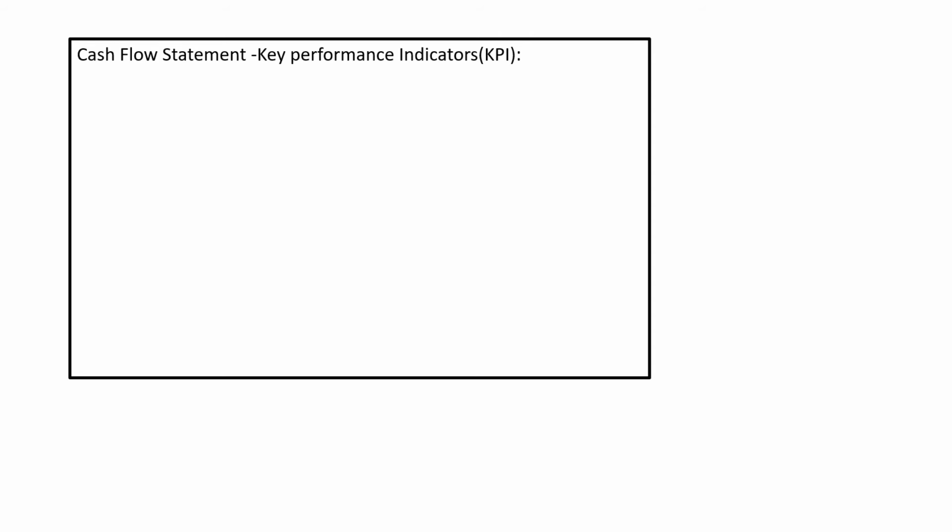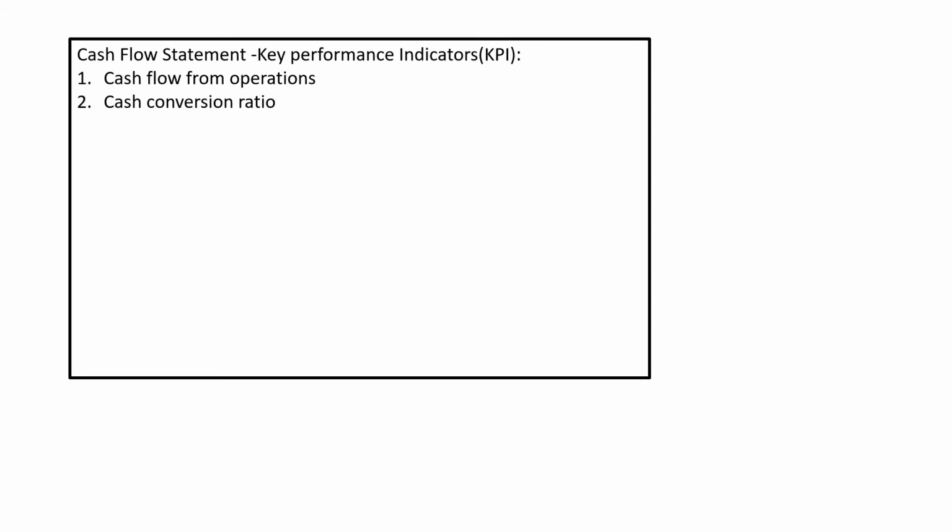In this slide, we look at the cash flow statement key performance indicators. The first one is the cash flow from operations, in other words, trading operation. What is the cash generated from trading operations?